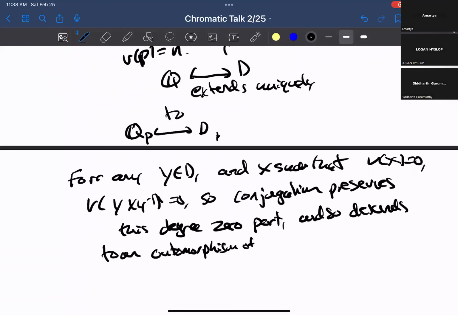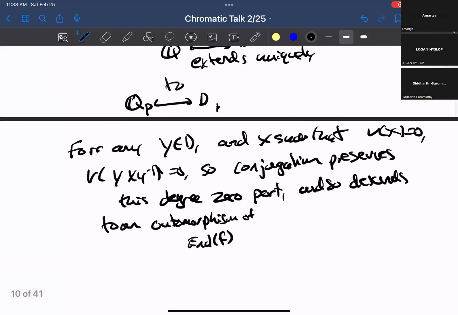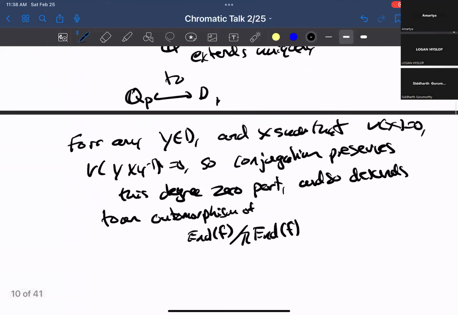so we're going to take the endomorphisms of F. So this is everything in D with valuation greater than or equal to 0. And we're going to quotient out by pi times the endomorphisms of F. And this is going to embed into the algebraic closure of FP bar.